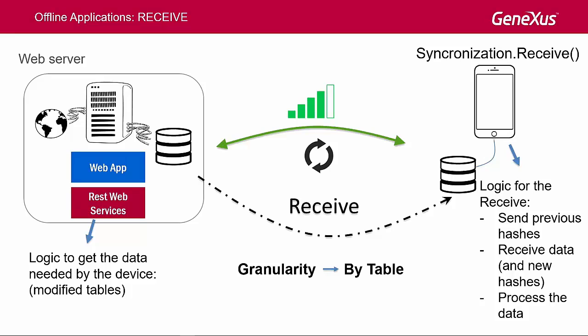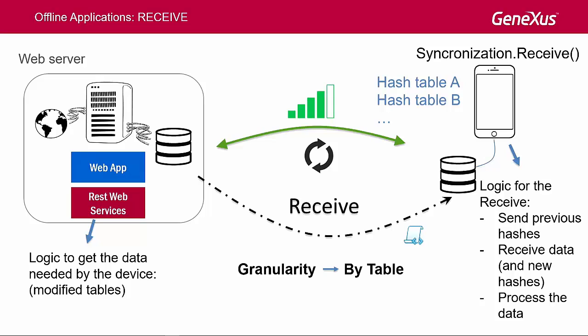To determine which tables were changed and therefore have to be sent to the device, a hash that identifies the data set of each table is used. When a client requests a synchronization, it sends the hashes of each table to the server. They were sent by the server in the previous synchronization.